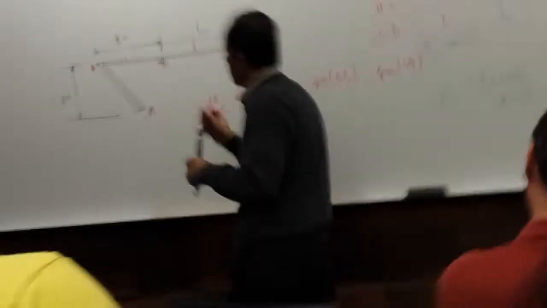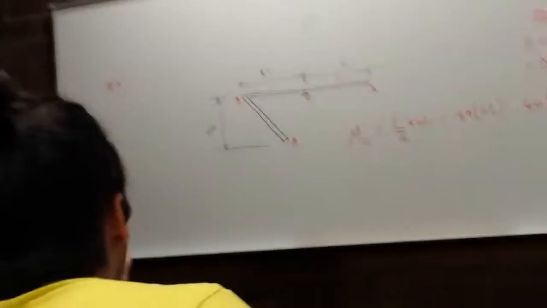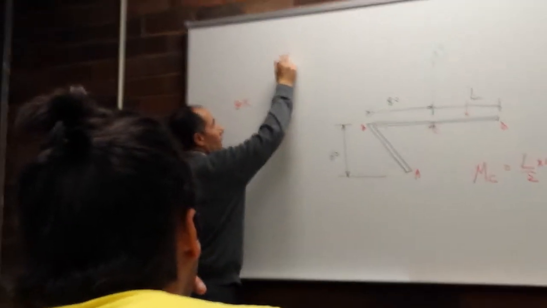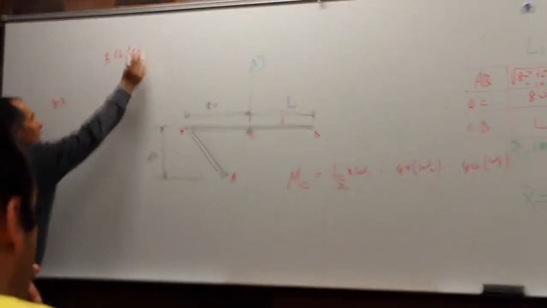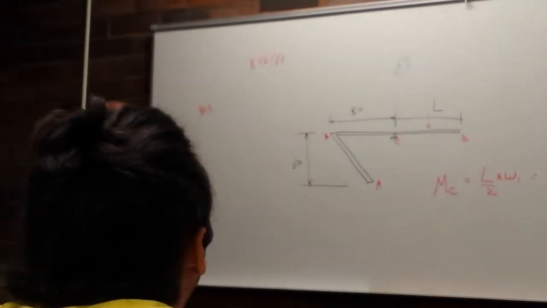So the W for this portion here, this is 80 times, let's say that it is 5 pounds per foot. For example, you multiply 5 pounds per foot here, here, and here. It's the same. Remove it.